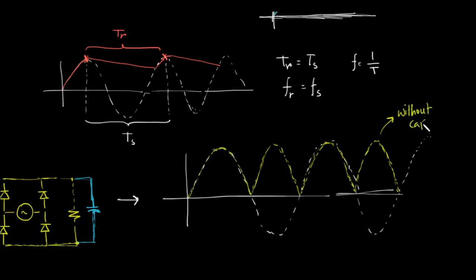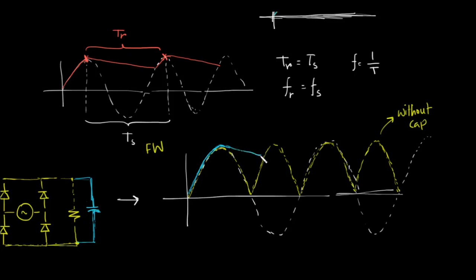This is for a full wave. Now after we add the capacitor, the same phenomenon will happen: the output will rise with the input as before, but when the input starts to fall, the output will not fall like before. Due to the presence of the capacitor, the output will fall more slowly.